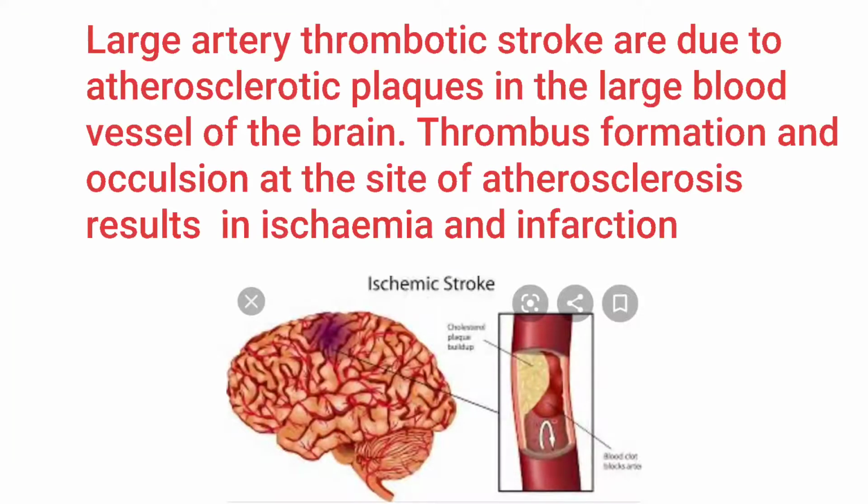Large artery thrombotic strokes, from the name, you know that it affects large artery. It is due to atherosclerotic plaque, that is abnormal fatty deposits in a large artery or large blood vessel of the brain. So there is thrombus formation, which is blood clots that will now appear in that place.